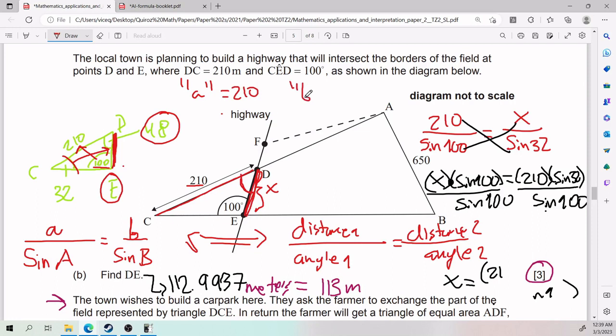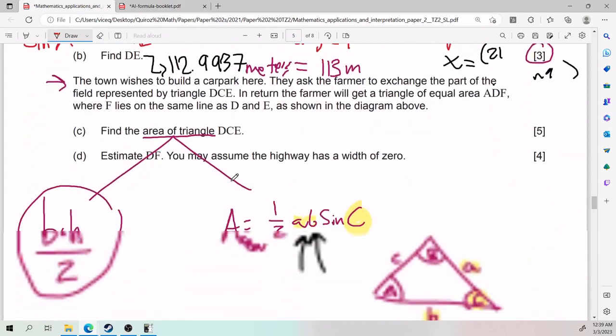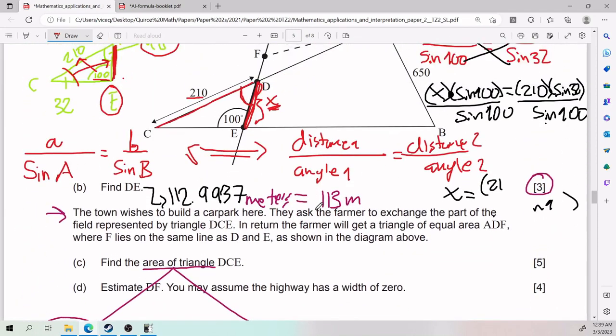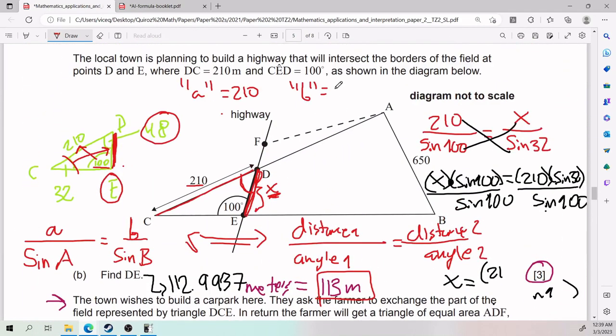My little b, again, it's arbitrary, is going to be the x value from earlier, which we said was 113. And my big C is going to be 48.